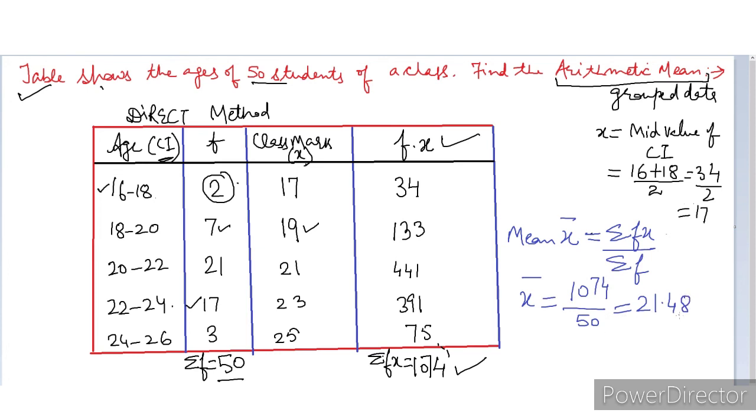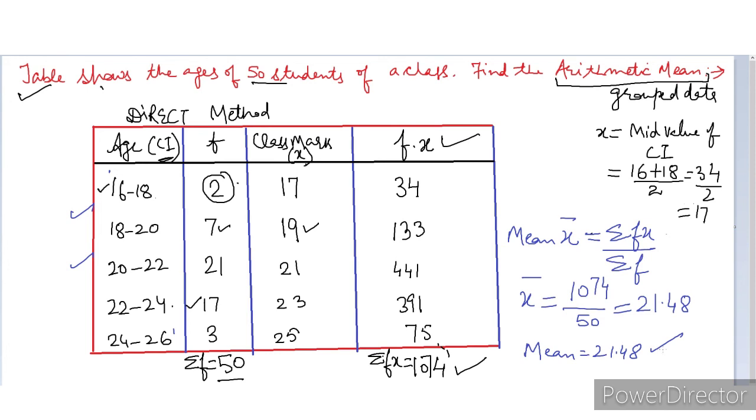So the answer for the mean is 21.48, right? The question was to find the arithmetic mean of their ages. Ages were given to us from 16 to 26 in the first column, and we have got the mean of their ages to be 21.48 years.